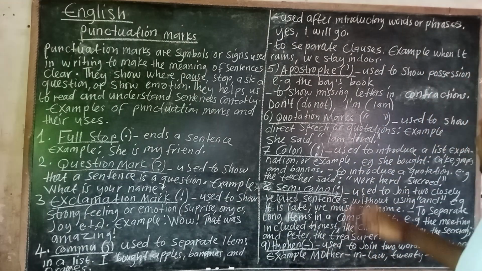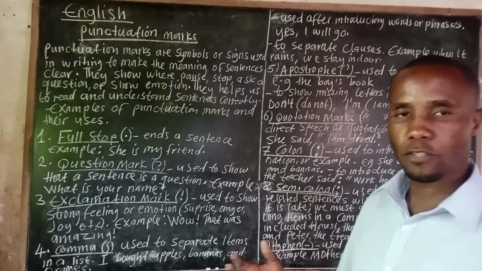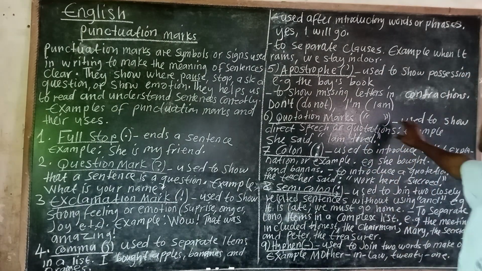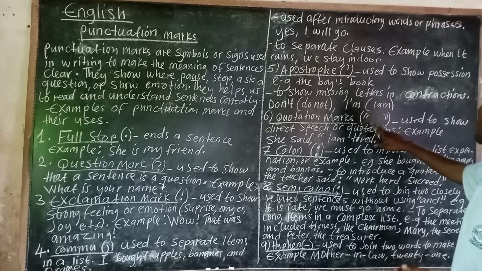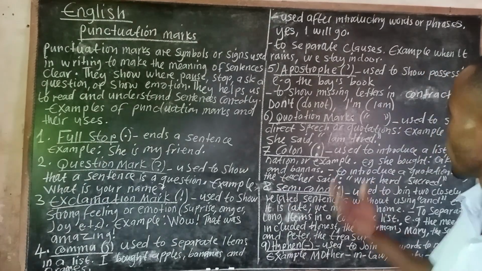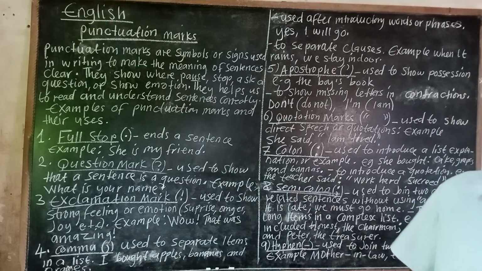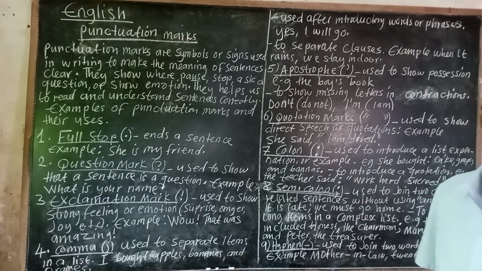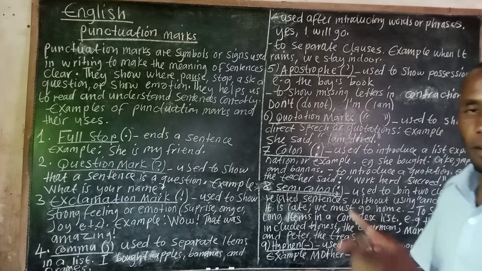Then from there, we can go to punctuation mark number 6. Quotation marks. These are the symbols for quotation marks. This one is used to show direct speech or quotations. For example, she said, "I'm tired." So after she said, you have to put a comma.